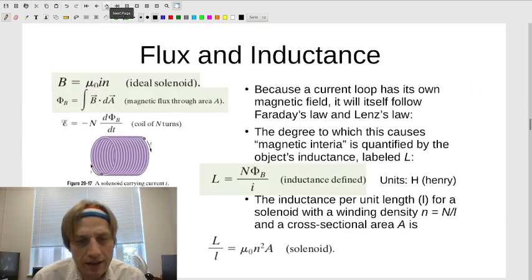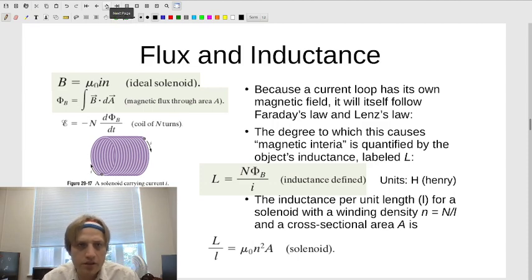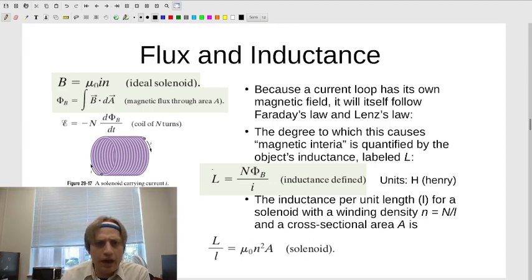All right, now the last idea that we introduced on Friday was flux and inductance. And the idea here was that we have a new property of a loop that has to do with the ratio of the flux to the current. And this ratio of flux to current is going to help us to figure out how much magnetic energy is going to be stored in that object.